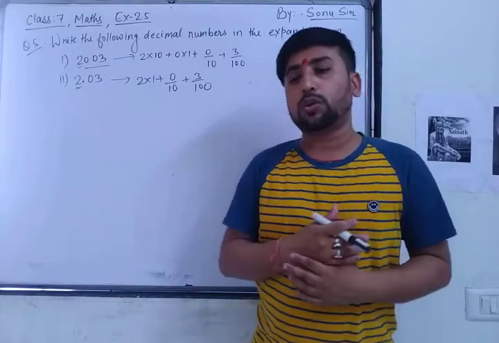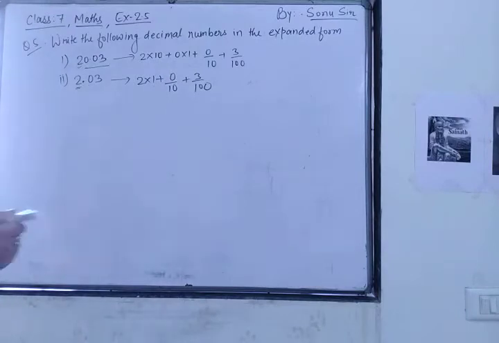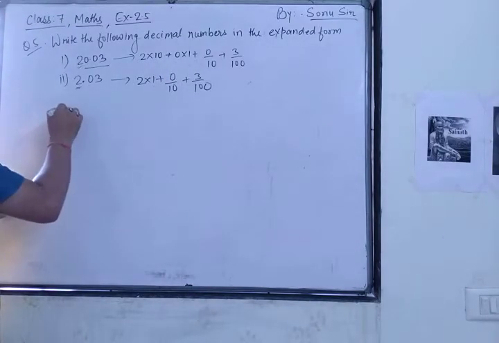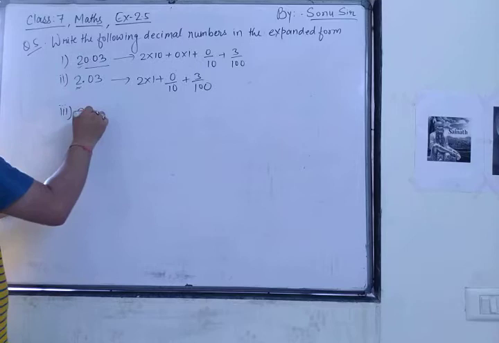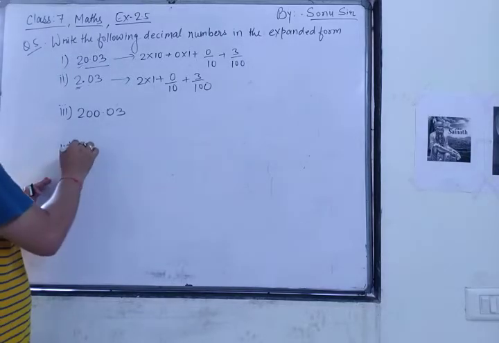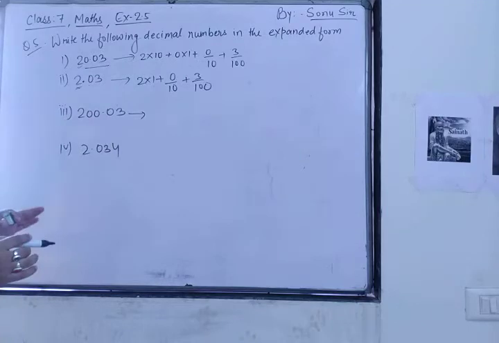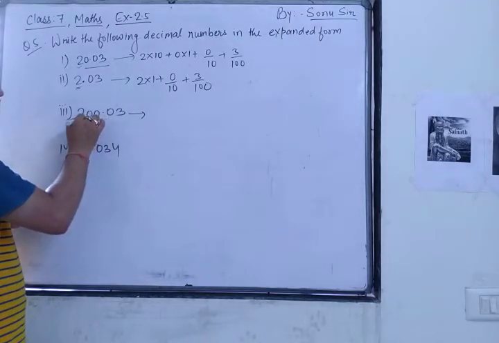Similarly, there are a total of 4 questions. The third question is 200.03. Can you write this number? And the fourth number is 2.034. If you know the technique, you can see ones, tens, 100.